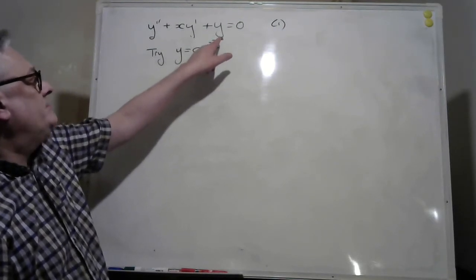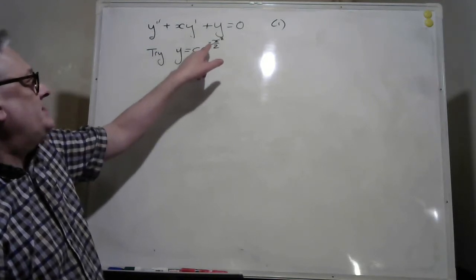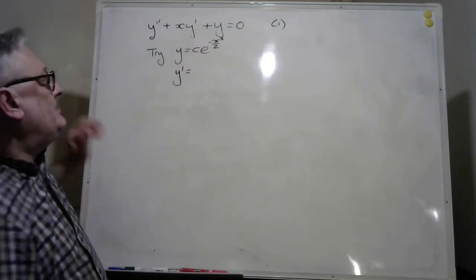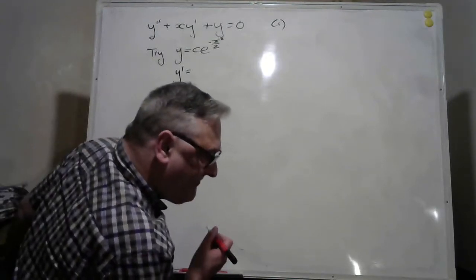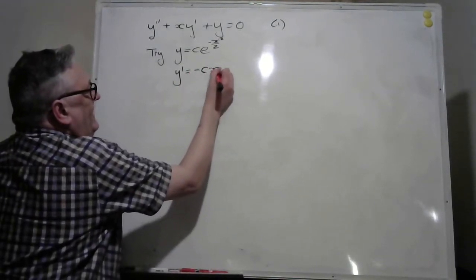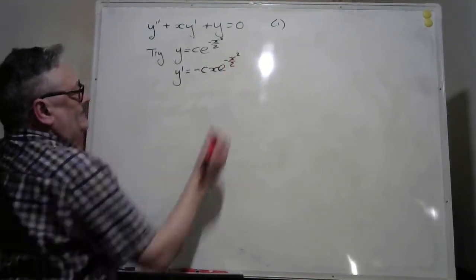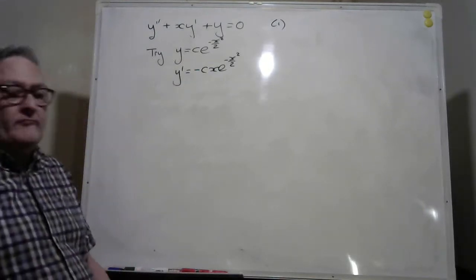So that becomes 2x over 2, which is just x. And of course, we've got a minus sign. So we're going to have minus cx e to the minus x squared over 2 as the first derivative.